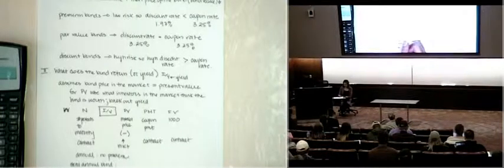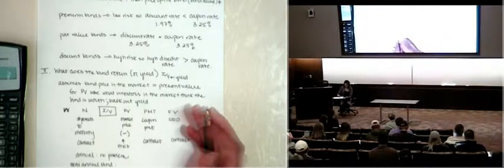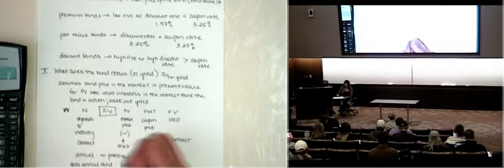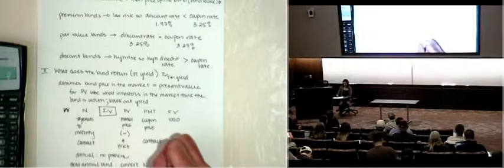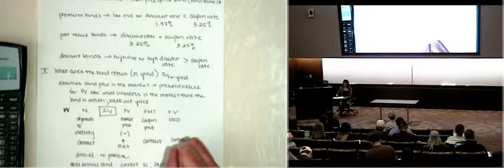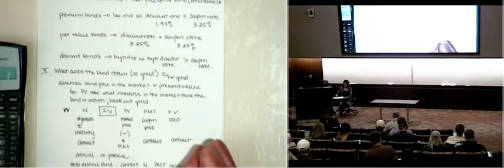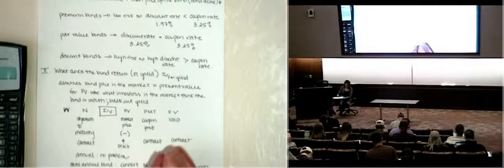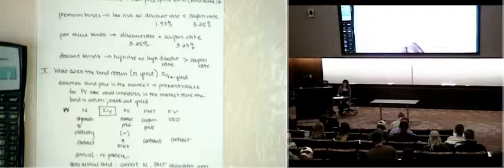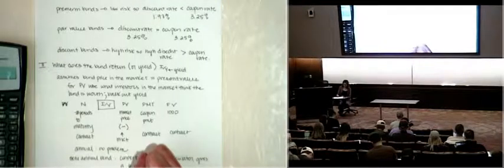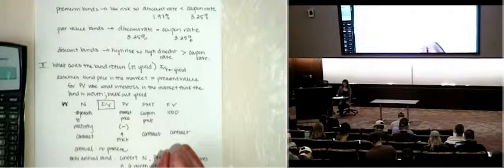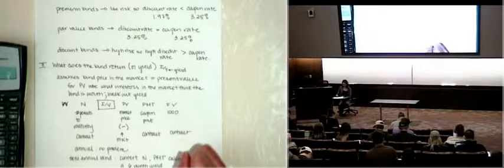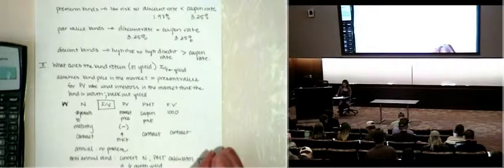So you're still going to convert the N and the payment, just like we did last class. And then the calculator will produce a 6-month yield. We want a 1-year yield. So you're going to take that 6-month yield and multiply it by 2, and that's the annual yield on the bond.